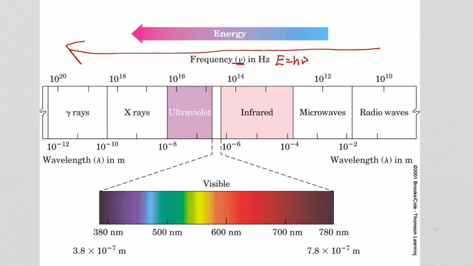Also, you can see that the energy increases as the wavelength gets shorter and shorter, and recall that the energy is equal to Planck's constant times the speed of light divided by the wavelength, so that makes sense too. We're going to talk about infrared radiation primarily in terms of frequency.